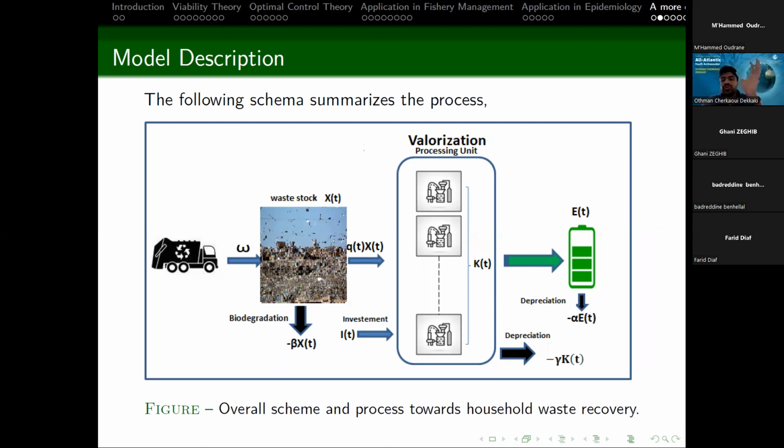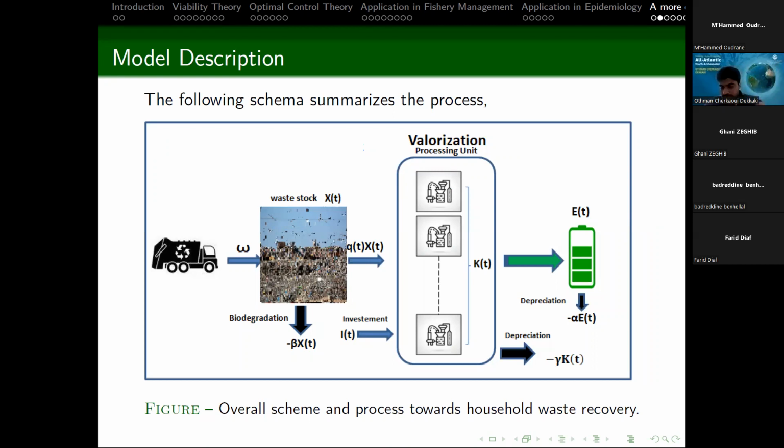So we need to choose a ratio of waste that we put in the processing unit. Q(t) here is a ratio, so it's between 0 and 100%, saying that we take 20% of the waste and throw it in the processing unit, or take 100% of the waste and throw it in.